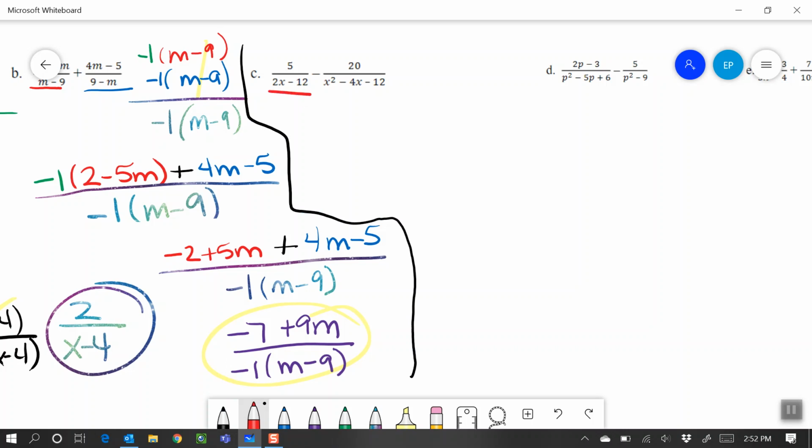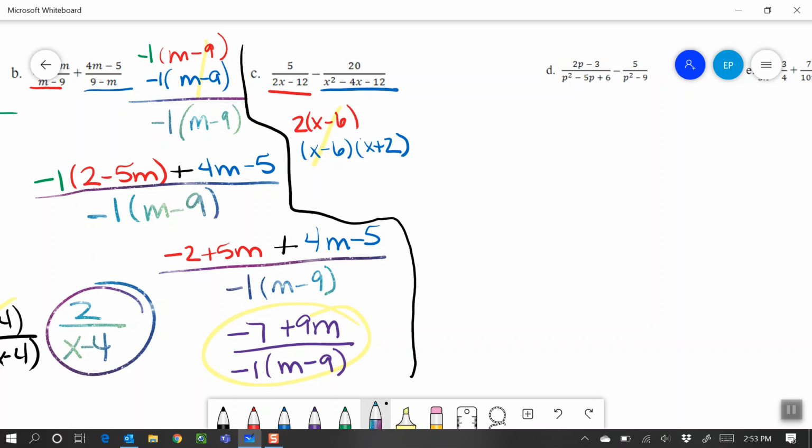So, red fraction, factor it out. I have 2 times x minus 6. Blue fraction, factor those. Factors of negative 12 to add up to be negative 4 is going to be an x minus 6 and an x plus 2. Highlight what's the same.